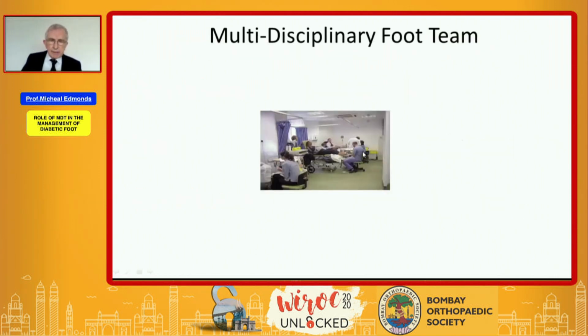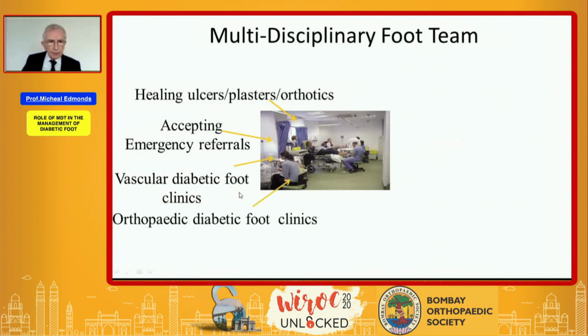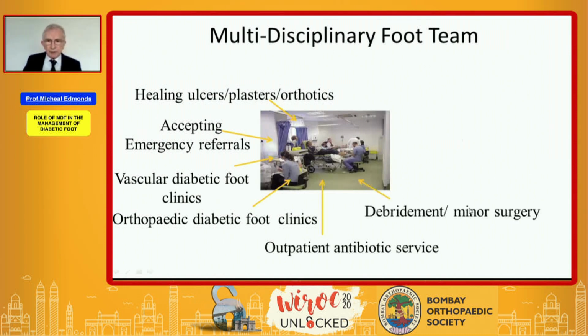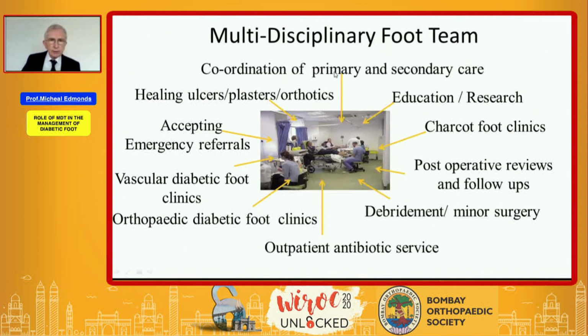So this is a picture of our clinic, and in this clinic, we try to heal ulcers using plasters and orthotics. We accept emergency referrals. There are joint vascular diabetic foot clinics, joint orthopedic diabetic foot clinics, an outpatient antibiotic service, debridement and minor surgery, post-operative reviews and follow-ups, Charcot foot clinics, education and research, and overall a coordination of primary and secondary care.